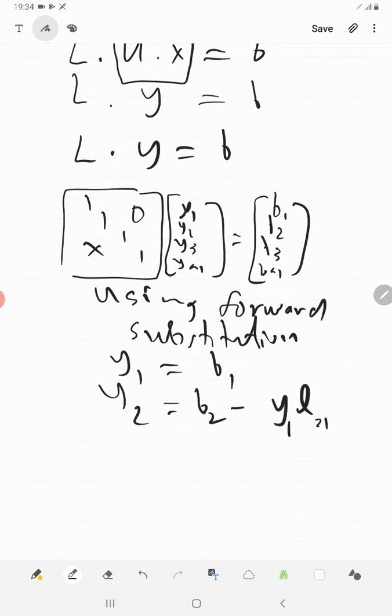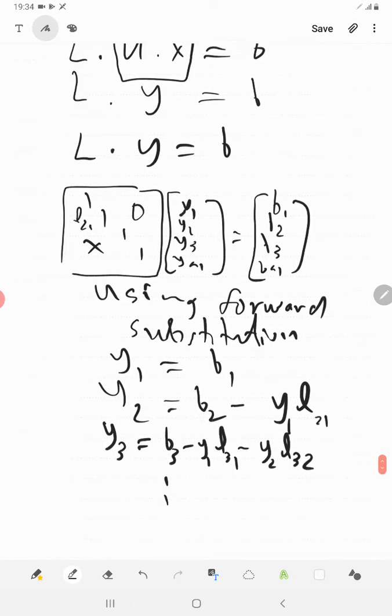This is L21 here. So L21 times y1 plus 1 times y2 is equal to b2, so y2 is b2 minus L21 y1, and we continue that. y3 is b3 minus L31 y1 minus L32 y2, and so on. We do it that way. We find the vector y.